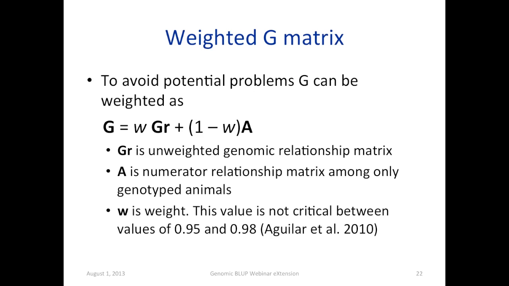So it is actually a subset of A, and then W is the weight, and this is a constant actually. And Aguilar et al. suggested that any number you choose between 0.95 and 0.98, you get very similar results. So it's not really critical if you choose a constant between 0.95 and 0.98.